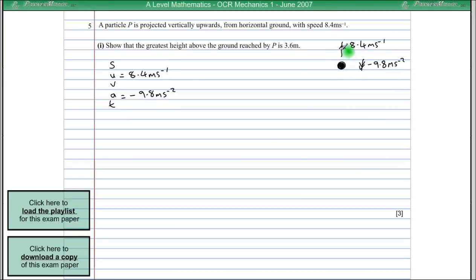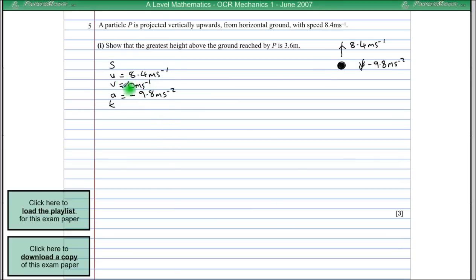So eventually it will come to a point where its velocity is 0, after which it's going to start moving back down and accelerating towards the ground. So the highest point is when V is 0 meters per second.